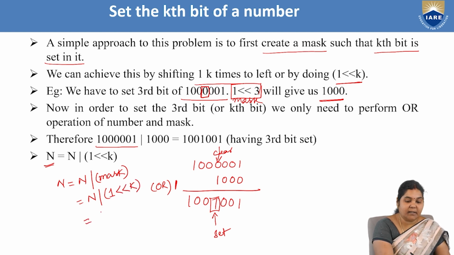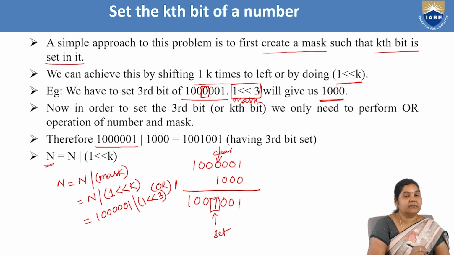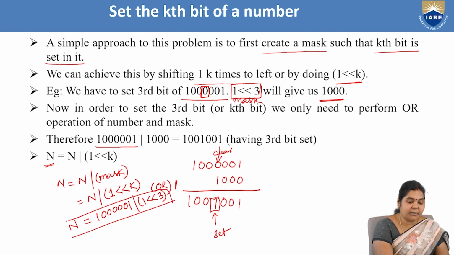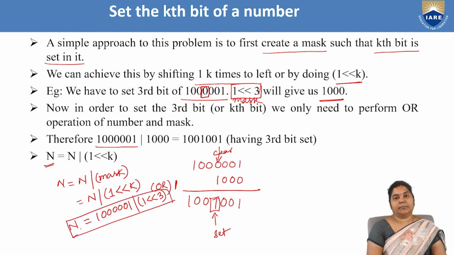Here the number is whatever your number is, and the mask is 1 left shift by 3 bits, so the third bit will be set. This is the formula for getting the new number where the kth bit will be set.